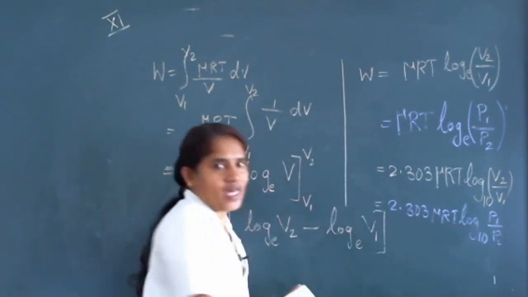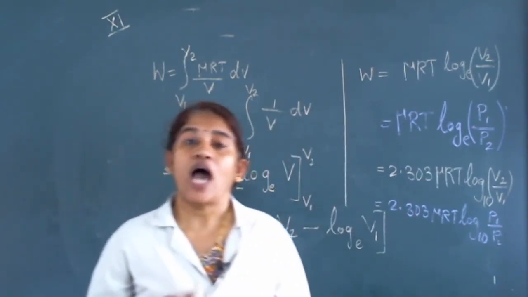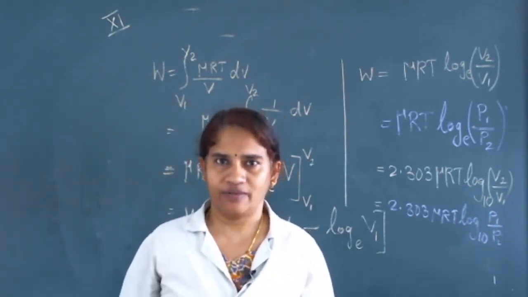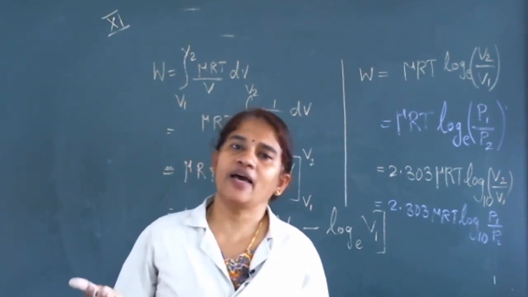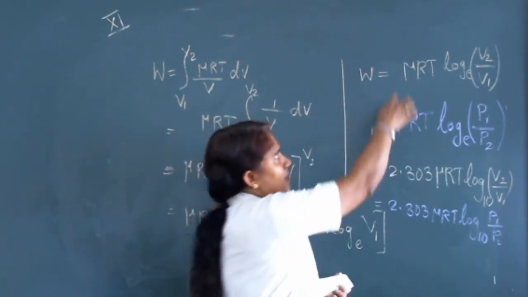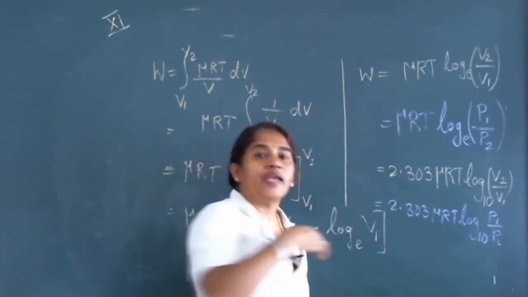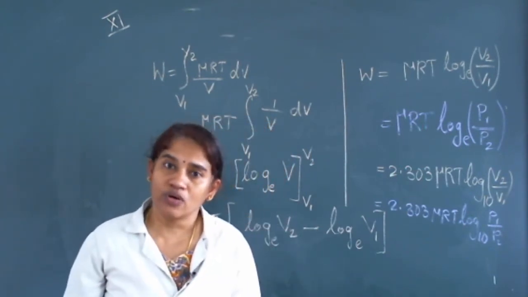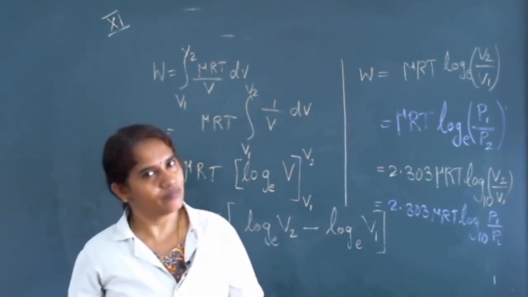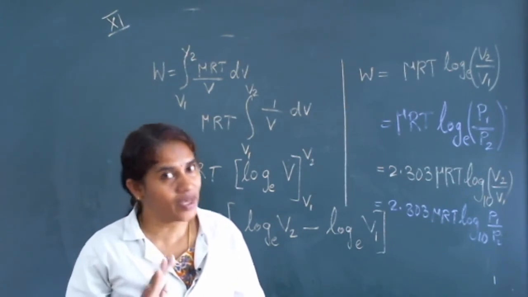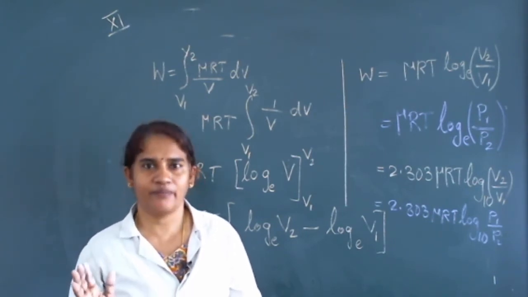So all these are the expressions for isothermal expansion. Okay, if we are taking it in the opposite manner, while putting a negative sign, it can convert into compression also, right? Isothermal expansion, right?